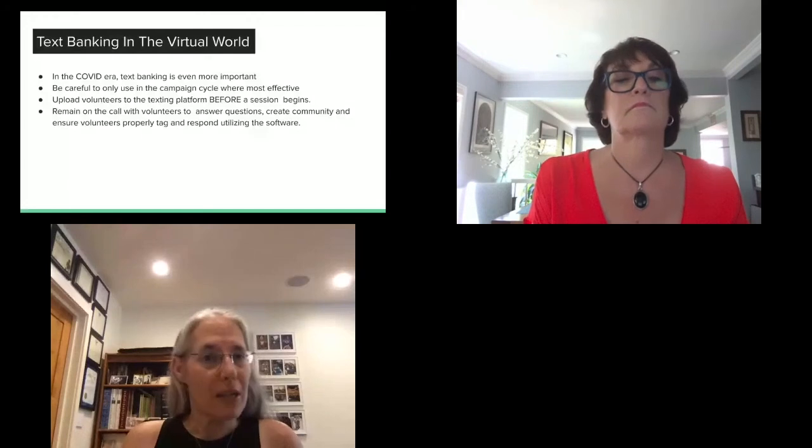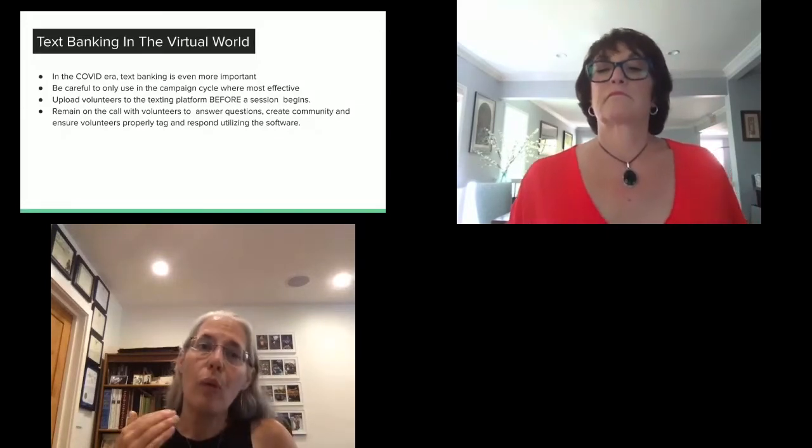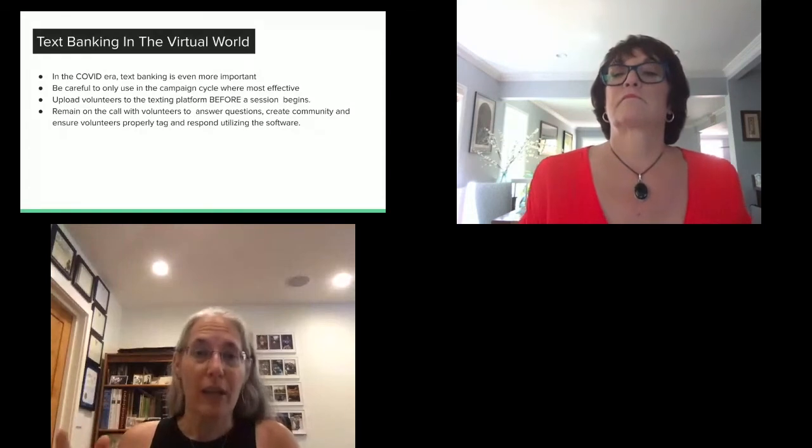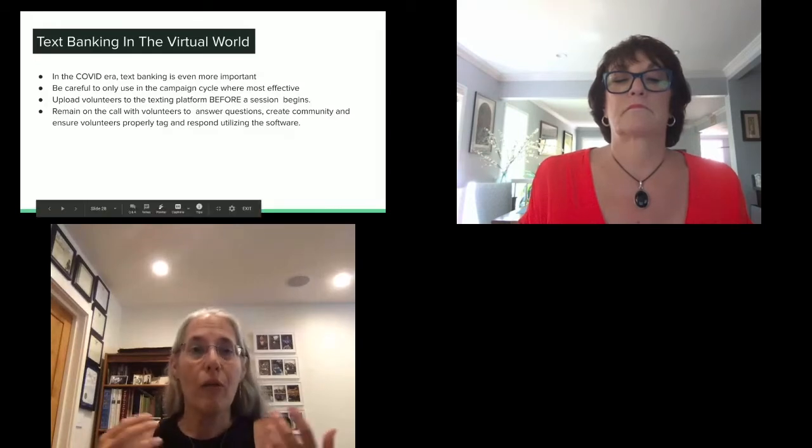I am going to answer a question that I saw in the chat. A couple of people have asked, because it relates to both phone banking and text banking: how do you get the phone numbers? How do you know they're accurate? How do you get the data? Each one of us running a Zoom room will be working through a platform of information that came from voter files.